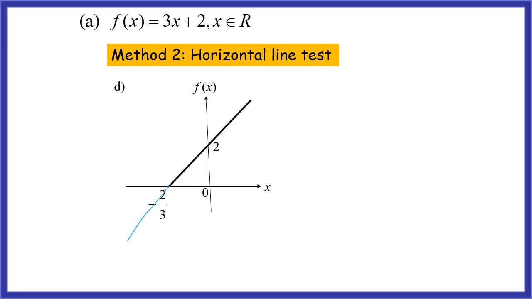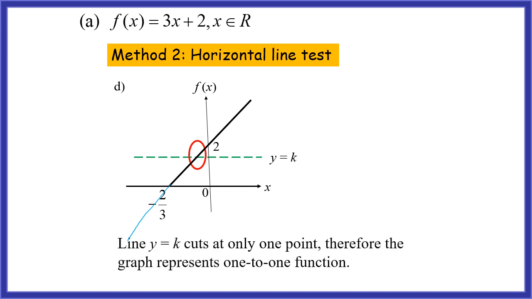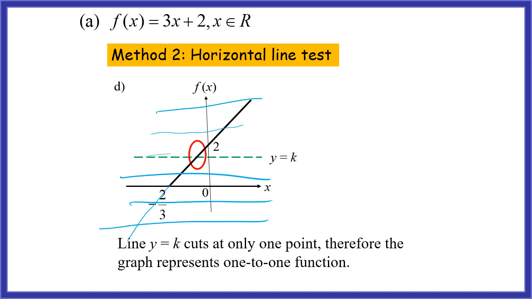So use your ruler horizontally and move the ruler from the bottom to the top. We move around along the y-axis, so we can check whether it cuts at one point or more. If we notice, as we move this line around, it only cuts at one point. So the line y equal to k cuts at only one point. Therefore, the graph represents a one-to-one function.